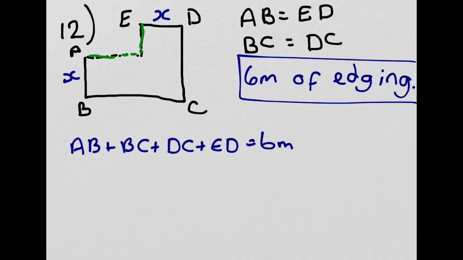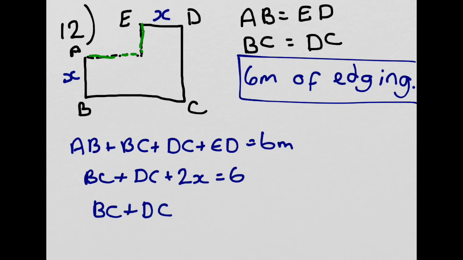We know that AB and ED are both a value of x, so BC plus DC plus 2x is equal to 6. So your sides BC plus DC must be equal to 6 minus 2x.